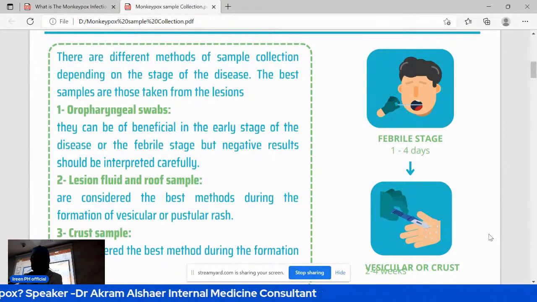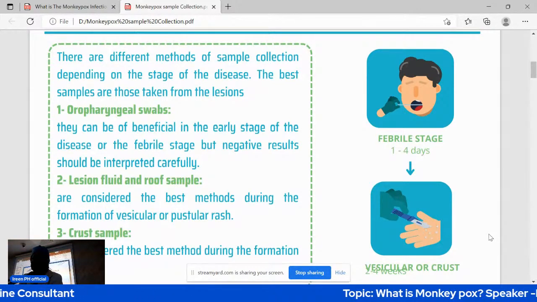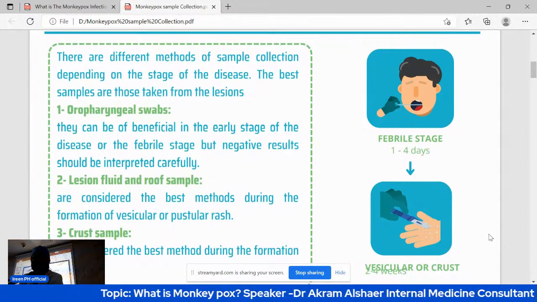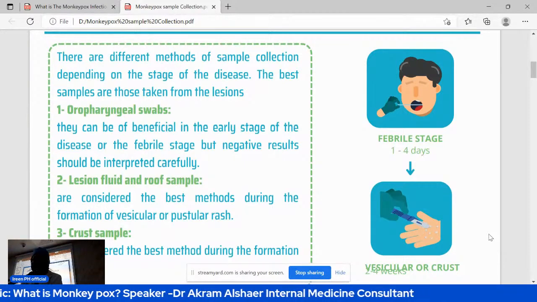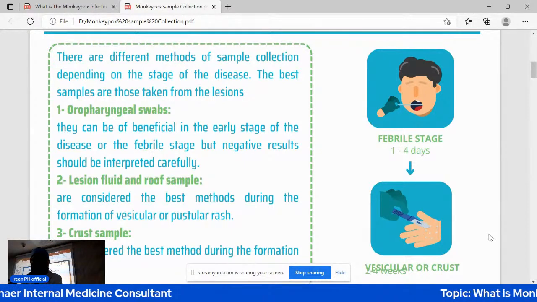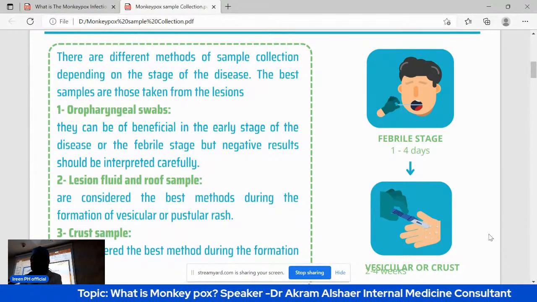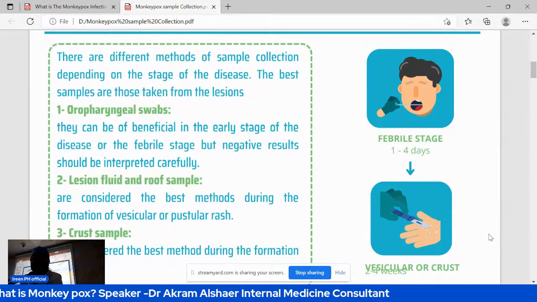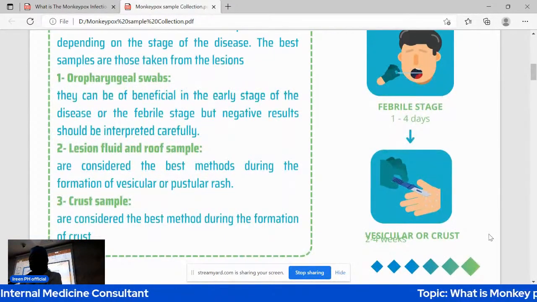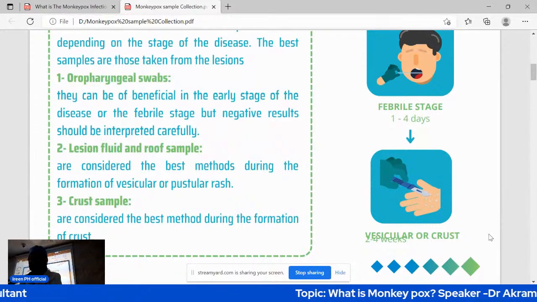What's the method? The oropharyngeal swabs. They can be beneficial in the early stage of the disease or the febrile stage, but negative results should be interpreted carefully. Lesion fluid and roof samples are considered the best methods during the formation of vesicular or pustular lesions. Crust samples are considered the best method during the formation of crust.